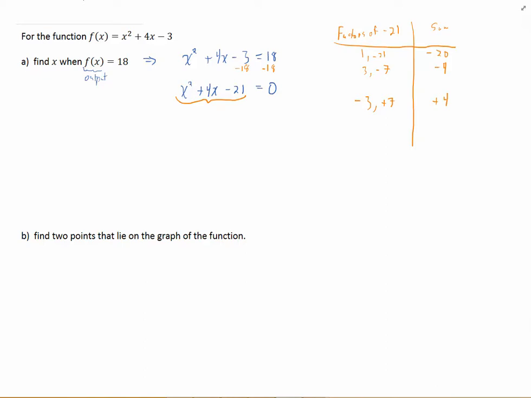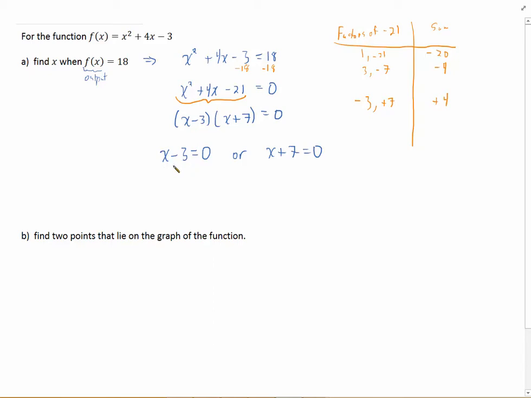Okay, so that tells me that the trinomial factors as x minus 3 by x plus 7, and that's equal to 0. Now we apply the zero factor property, or zero product property, as this textbook calls it. So we would then say that x minus 3 is 0, or x plus 7 is 0, or both.